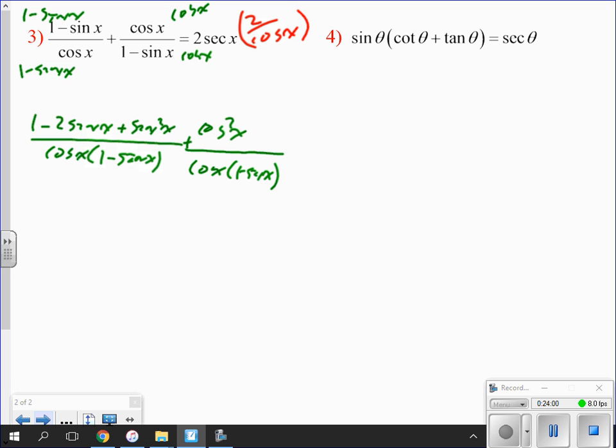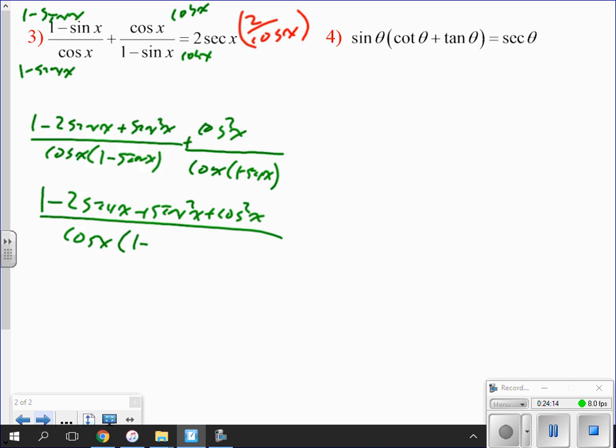And technically, these are 1 fraction here. 1 minus 2 sine x plus sine squared x plus cosine squared x all over cosine x times 1 minus sine x. And all I did, combine them up into 1 fraction. Get a common denominator, combine them up into 1 fraction.